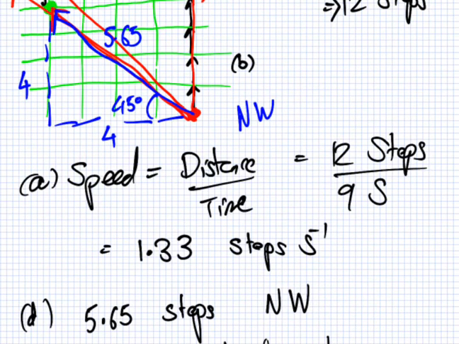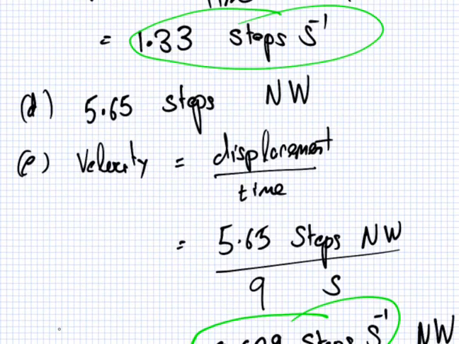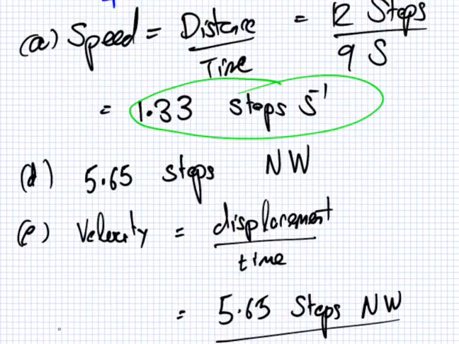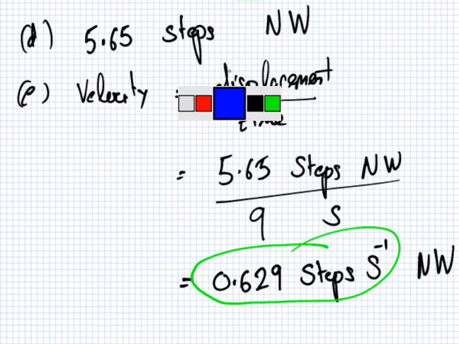No, that's 4. 5 steps west. 1 step east. So he goes back a step. And then finally 1 step south. Now it might actually be helpful if you did this on graph paper. So you can see that he ends up here. This is his final position.